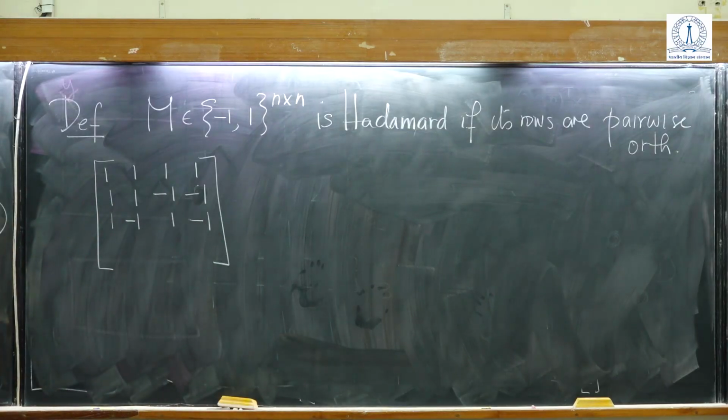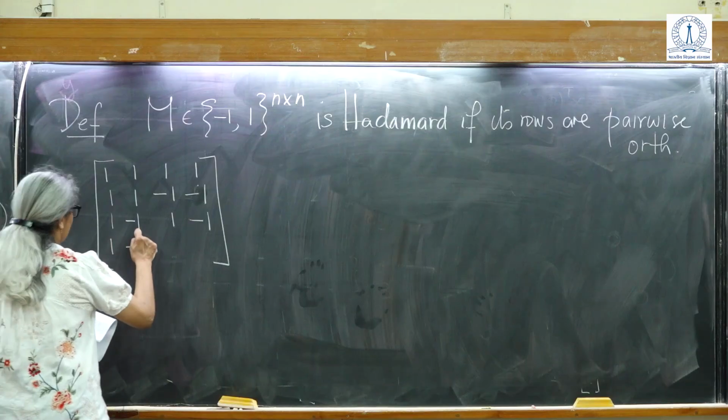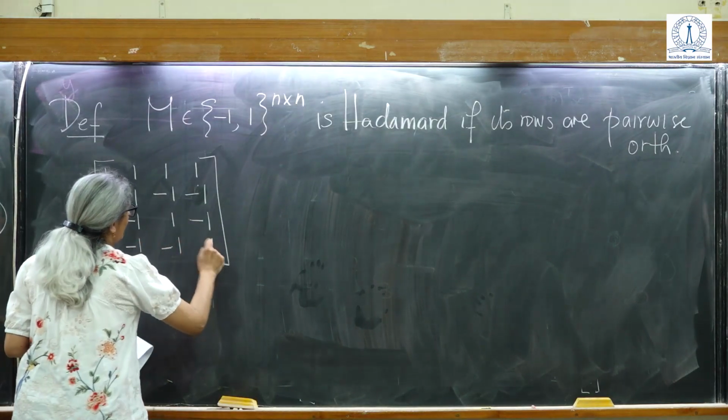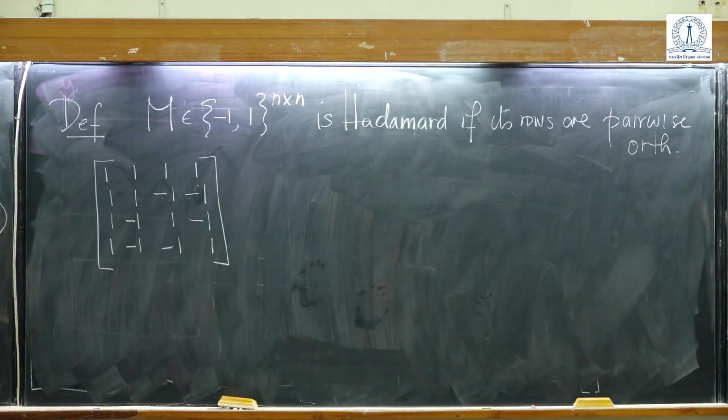Now you have to work a little harder to check that the third is orthogonal to the second. Okay, works. And then the next one is this. That's a 4 by 4 matrix. That's Hadamard. It's filled with plus ones and minus ones, pairwise orthogonal in the rows. It's even symmetric. It's nice.